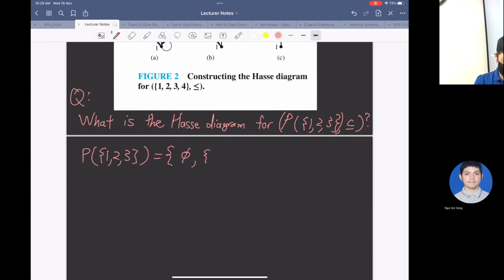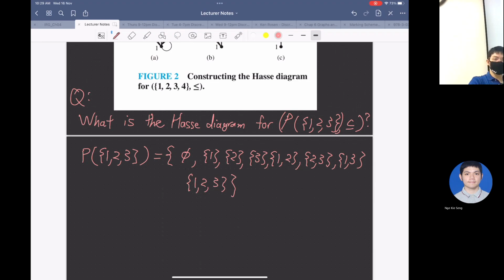We got the empty set, {1}, {2}, {3}, and then {1,2}, {2,3}, {1,3}, and {1,2,3}. So you need to order this set with set inclusion. Anyone got done with this set here or not?